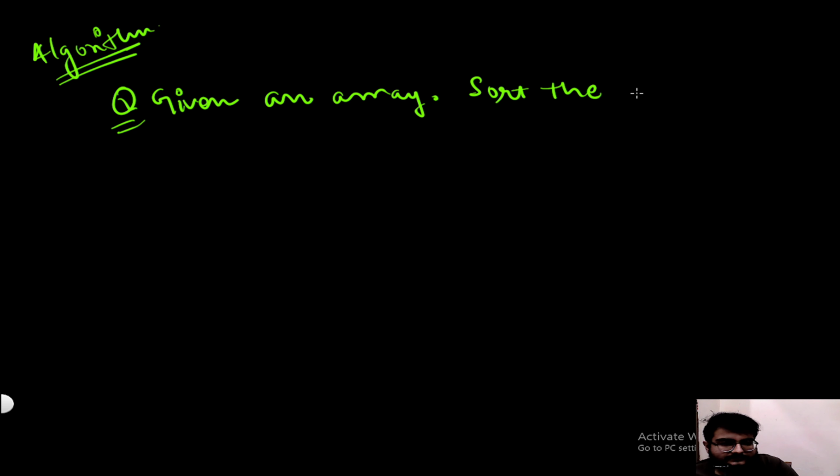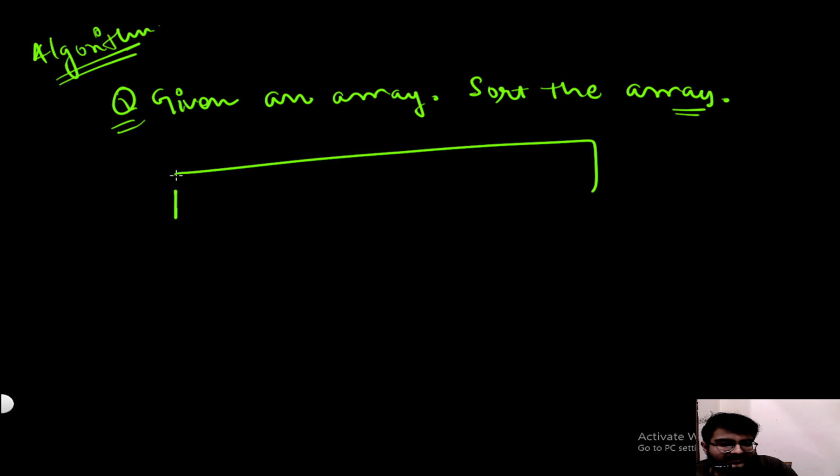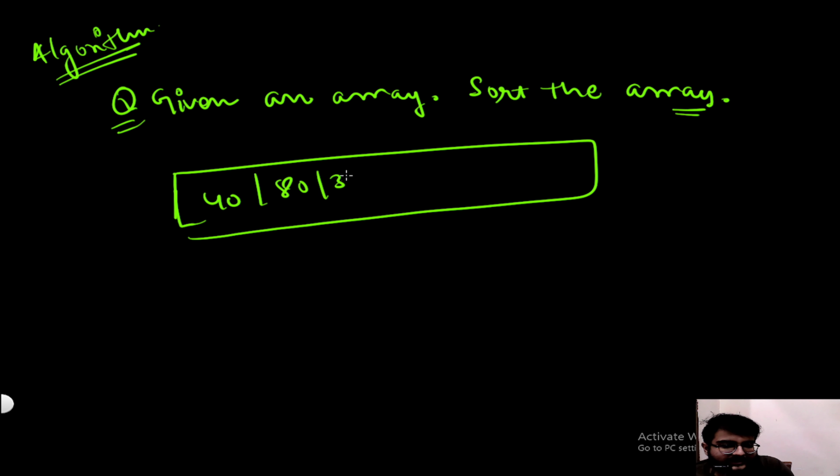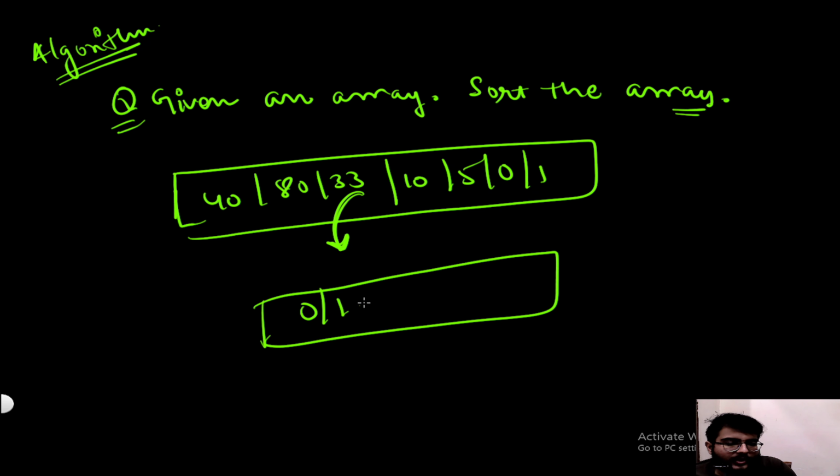The question is that you are given an array and you have to sort that array, like you are given an array as 40, 80, 33, 10, 5, 0, 1, and you want your output to be as 0, 1, 5, 10, 33, 40 and 80.